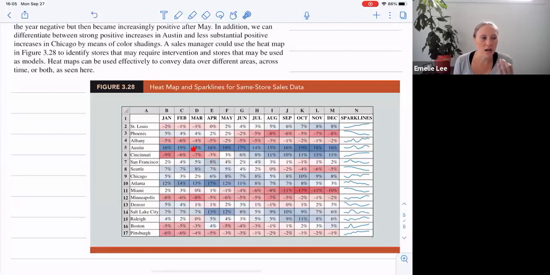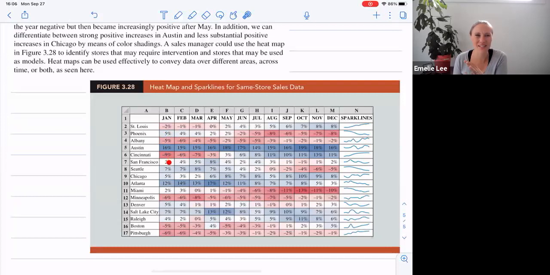And so, going from dark blue to dark red, dark blue being high positive percentages, moving to the dark reds, which seem to be low negative percentages because they're negative.